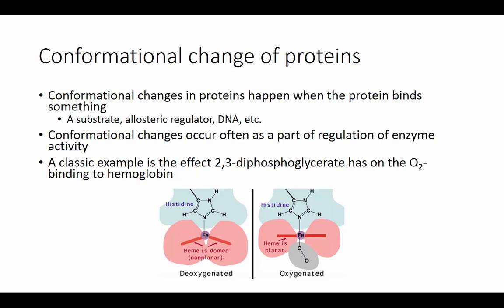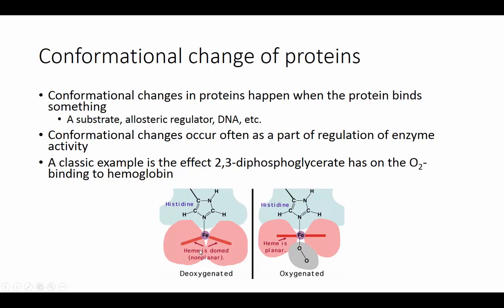Here's a classic example that I began to talk about on Tuesday, the binding of 2,3-diphosphoglycerate to hemoglobin, and oxygen binding to hemoglobin. You can see in this diagram oxygen binding to one subunit of hemoglobin, a small part of that subunit, where we have this thing called heme that is present in all hemoglobin, and it has a certain shape.